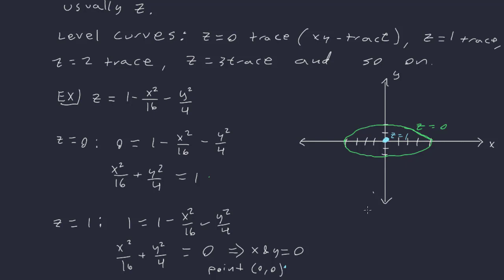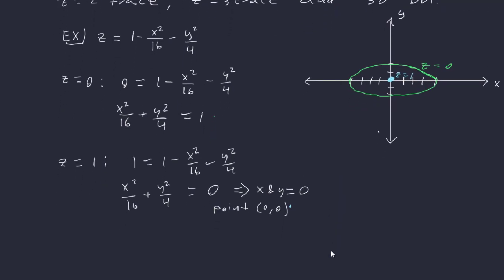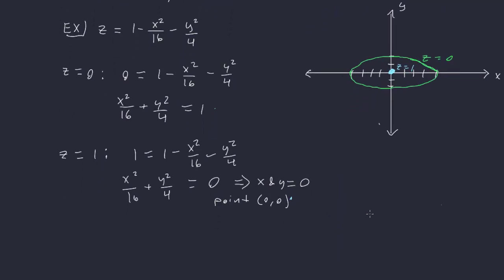Well, that should line up with what we already know about this, because this was a parabola that was opening down, and the highest point it ever got to was z equals 1. Okay, so that means if we were to try and do z equals 2, we wouldn't get anything that would make sense, right?